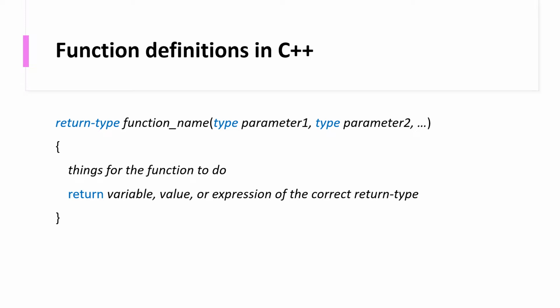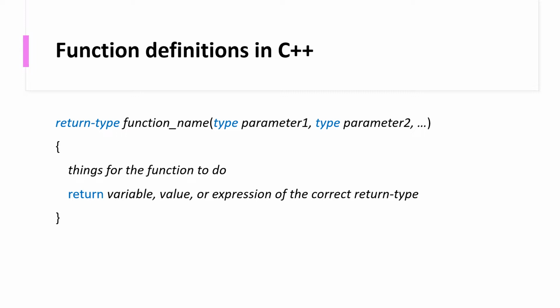Now, function definitions in C++ follow this interesting syntax that's borrowed directly from standard C. There's a return type and a function name. So far, it looks exactly like defining a variable, right? You have a type and then a name.